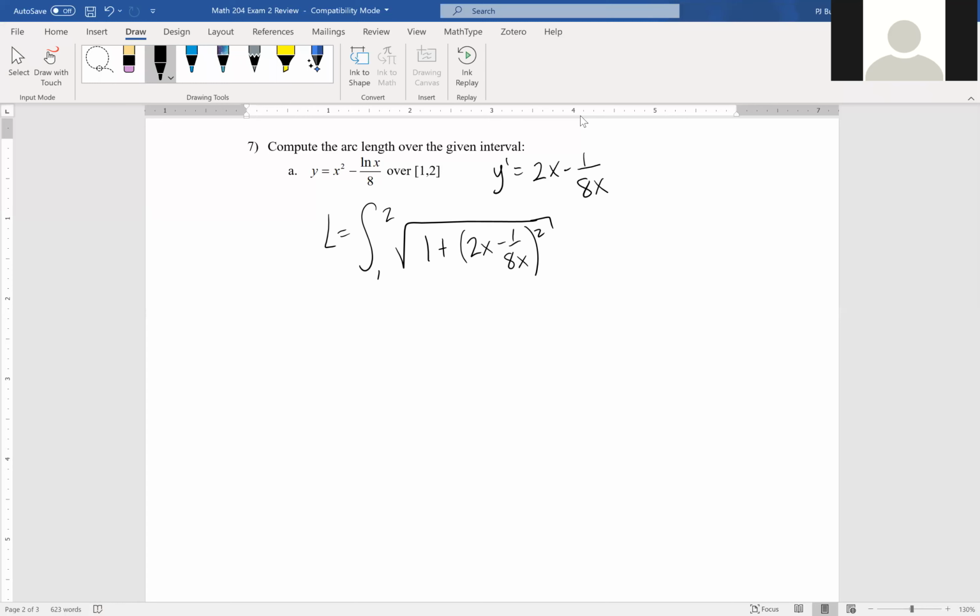So let's see. Before I do that, do I want to put these together and see what this is going to look like? That would be 16x squared. That, right?